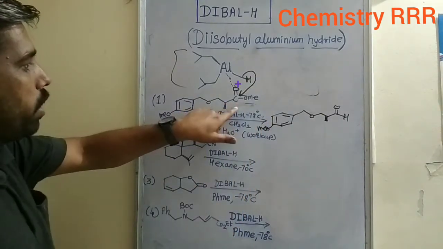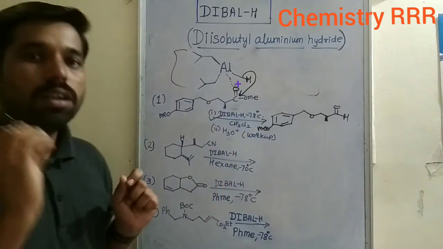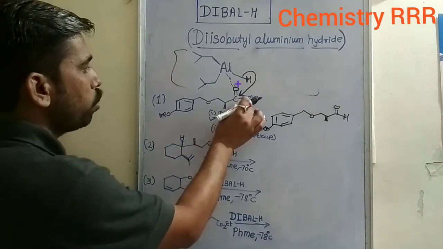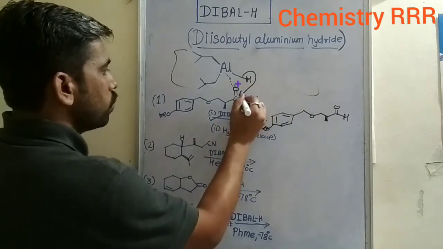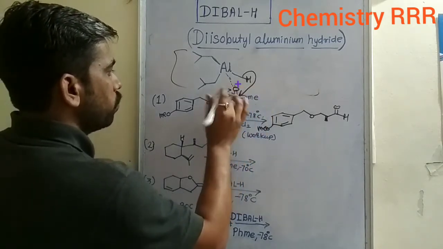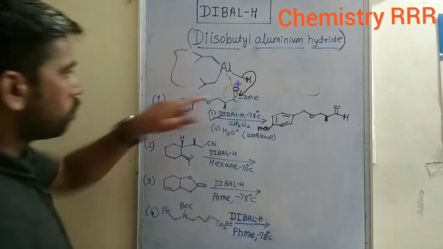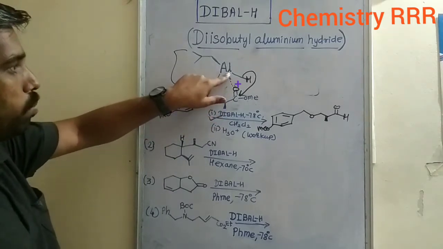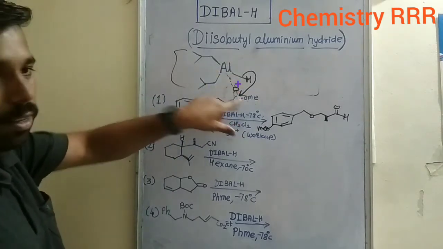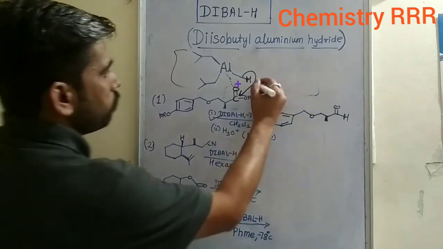Here the carbonyl is not electron deficient; it is comparatively electron rich compared to ketones or aldehydes, because it is in continuous conjugation with the OMe. So first, the lone pair present on the carbonyl oxygen binds to the aluminium. Then there is a transfer of hydride to this carbonyl center.